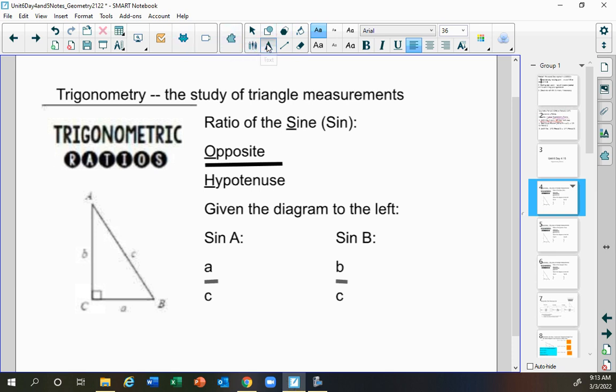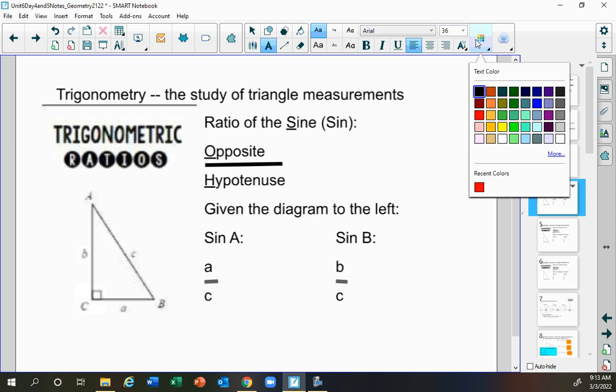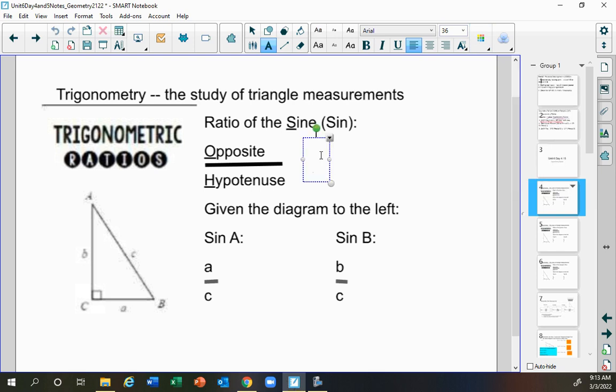The most important thing is, and I'm going to write it, perspective of the angle. Perspective of the angle.